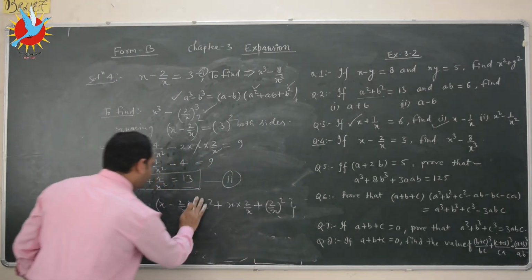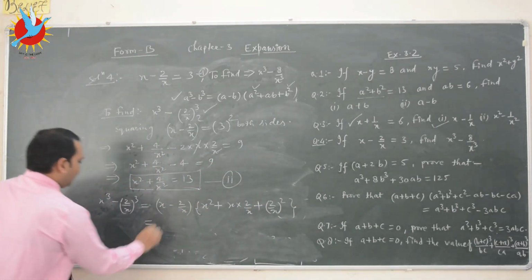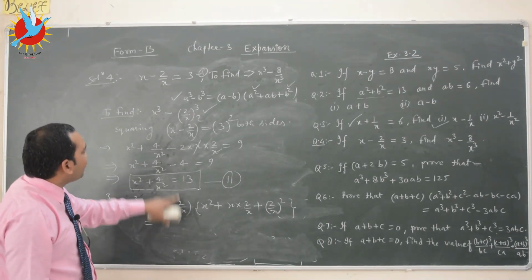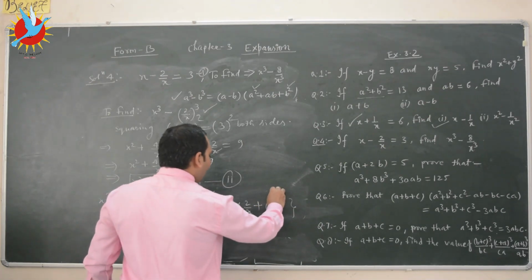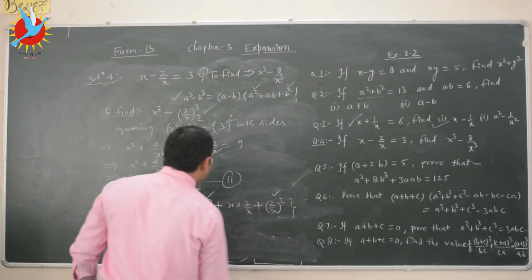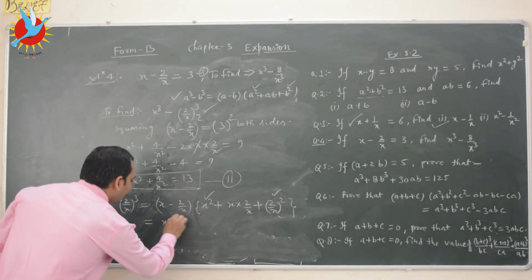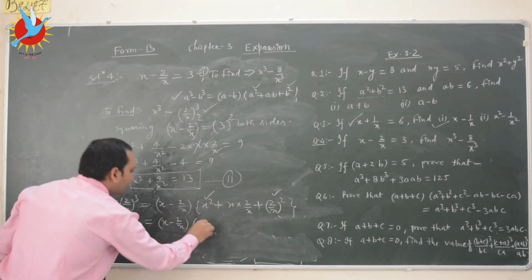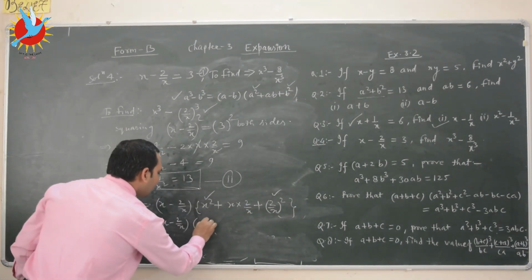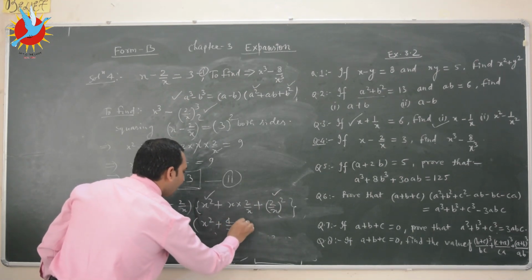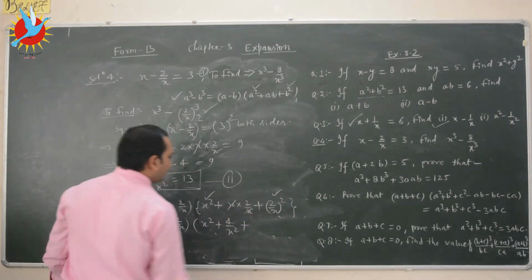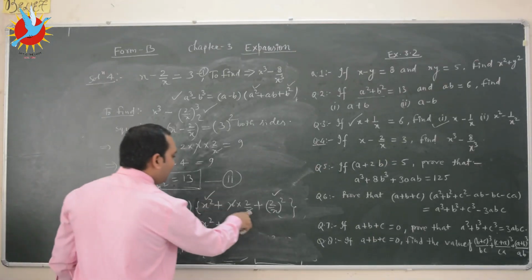So the value of x minus 2 upon x is already given, and for x square plus 2 upon x whole square, we can write x minus 2 upon x in one bracket, and in the other bracket x square plus 2 square is 4 upon x square plus x times 2 upon x, a square plus ab plus b square.